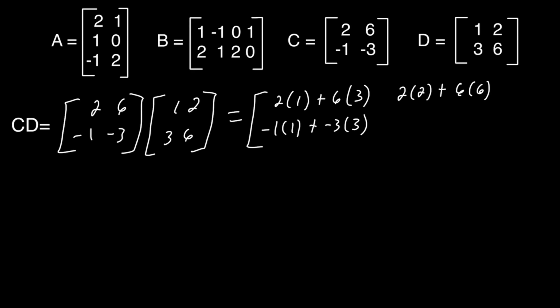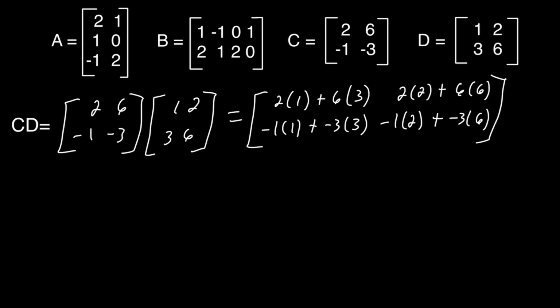And the next one would be negative 1 times 2 plus negative 3 times 6. I hope you're getting the pattern now. The more you practice this and do problems, the easier it will become. All right?